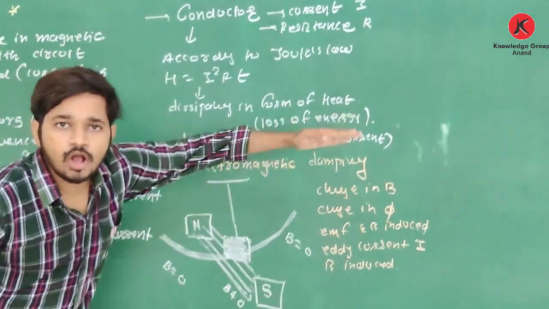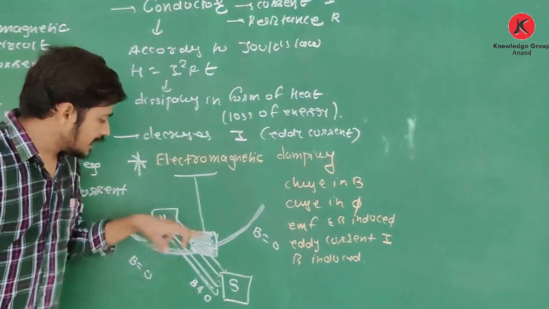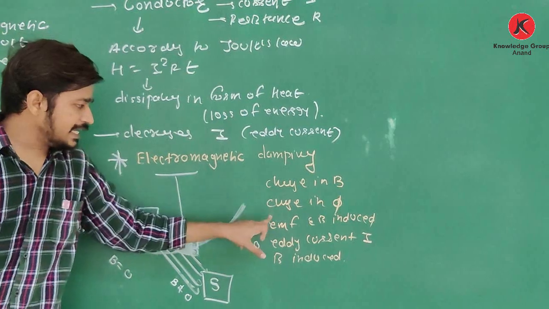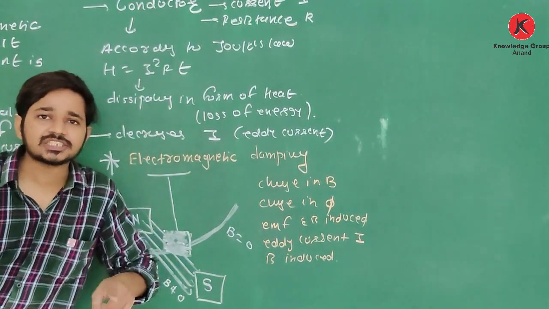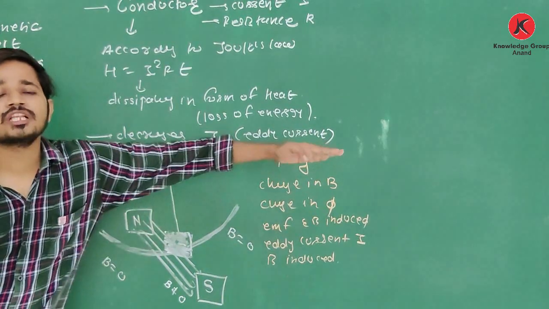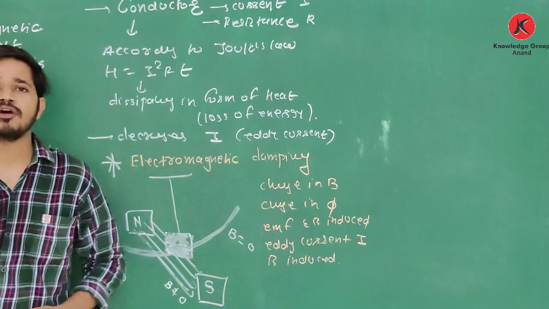What is cause? Oscillations. So in this plate, EMF is induced, eddy current I is induced such that it opposes oscillations of plate.